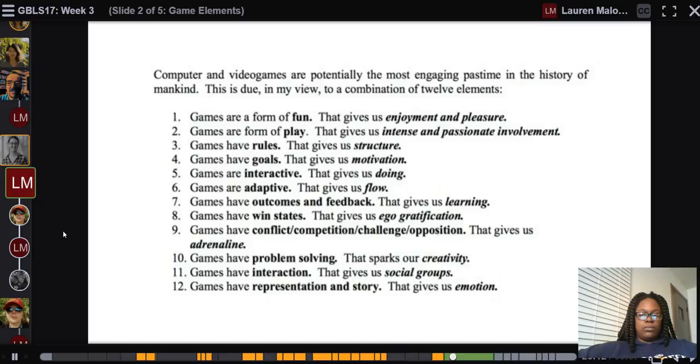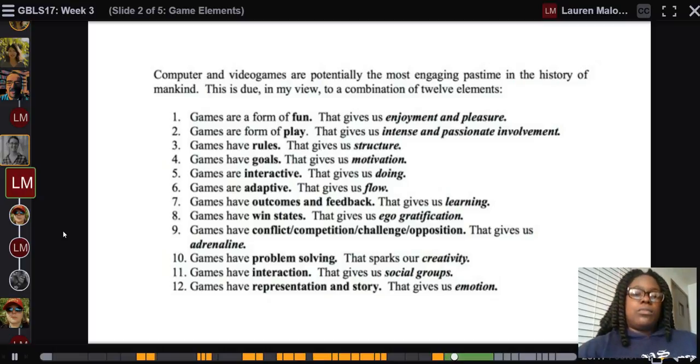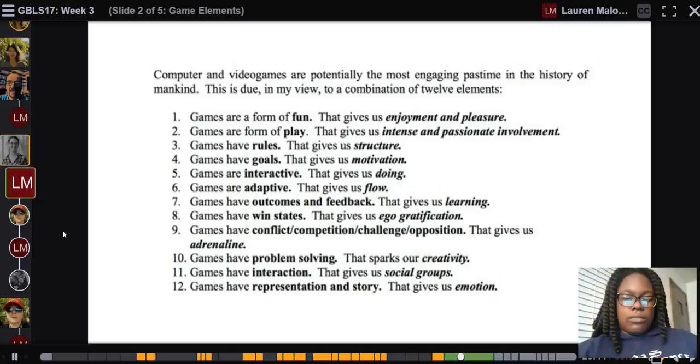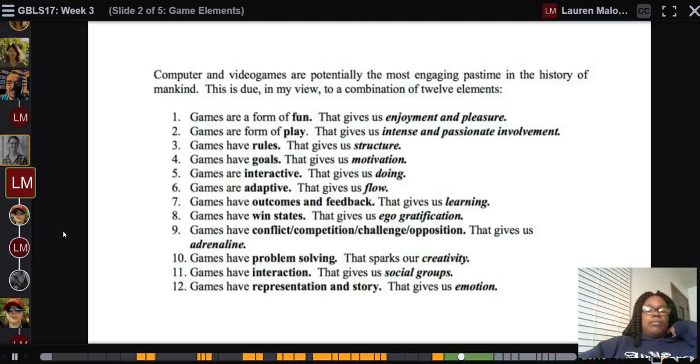So in the article, it talks about how representation is what the story is about, and they give what the game is about. They give the example of chess is about conflict, and Age of Empires is about the art of war and that sort of thing. And so when I was thinking representation, I was thinking about the actual characters, and what they give us as players and the connection we have to the character or avatar we're playing.